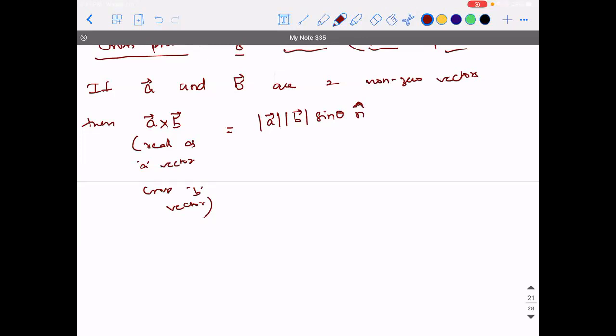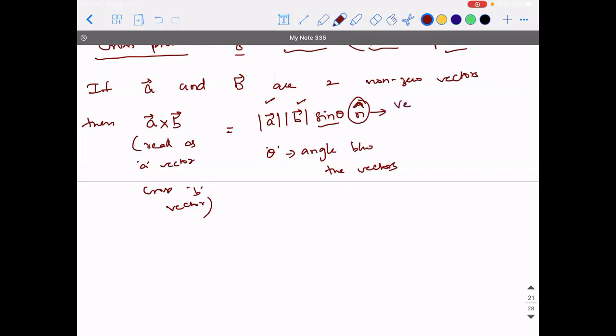Okay, if you observe the difference now, what did I write for the dot product? For dot product, it was magnitude of A into magnitude of B into cos theta, but I didn't put any vector beside it. Whereas for cross product, what is the output? Magnitude of A into magnitude of B into sine theta into n cap, where theta is the angle between the vectors, and n cap, this is the one which is important.